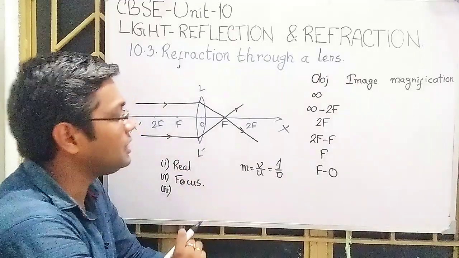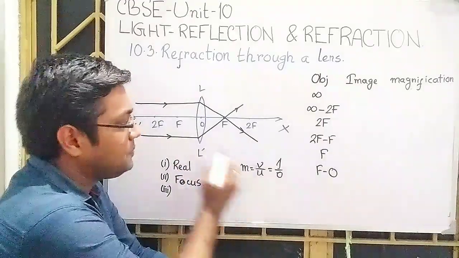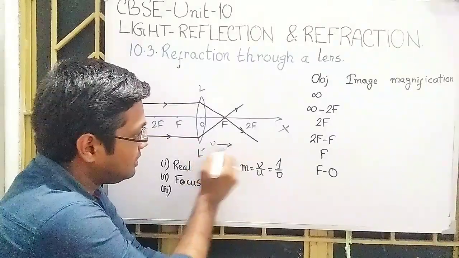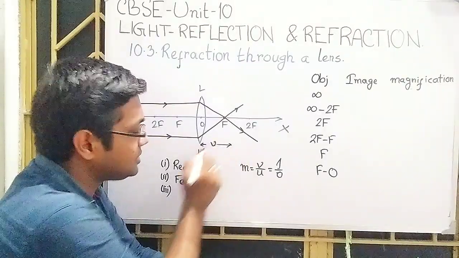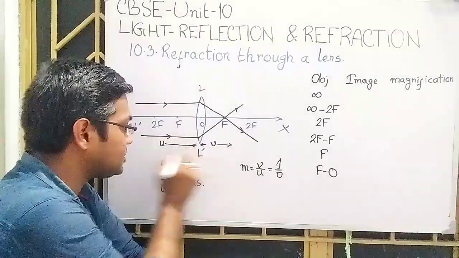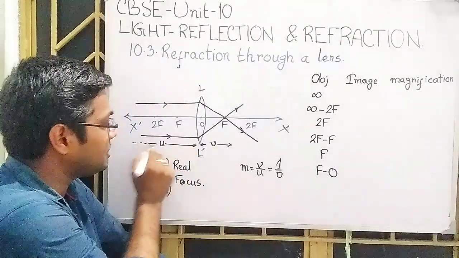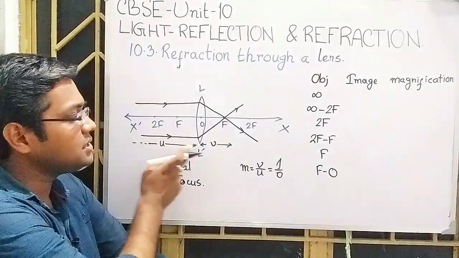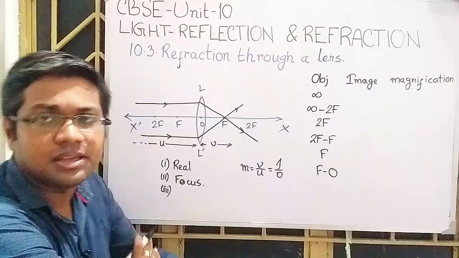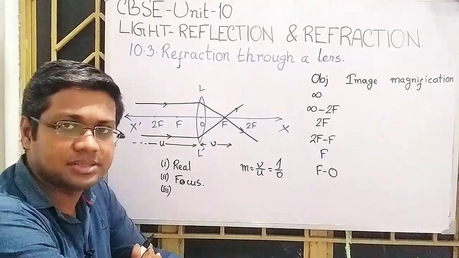Another way it can be found out is that V, this one, is the image distance V. But if I think about the object distance, which is not to scale, we cannot draw it because the object distance extends up to infinity. What is infinity? Infinity is nothing but a large distance.